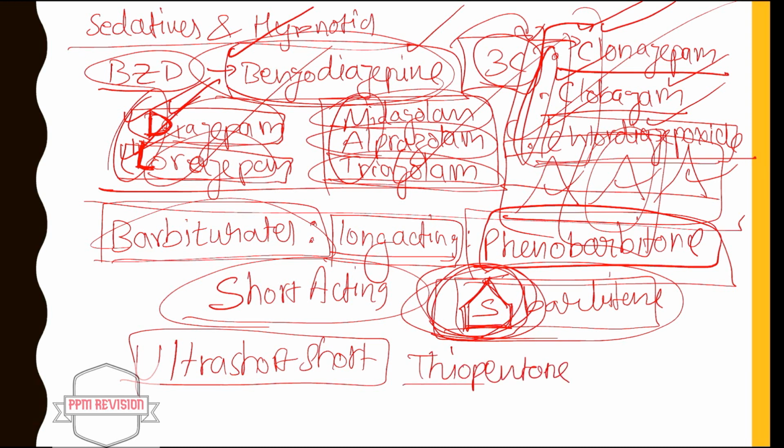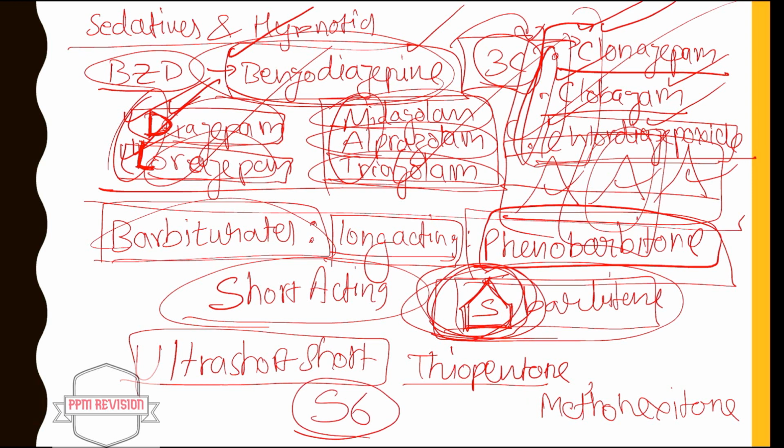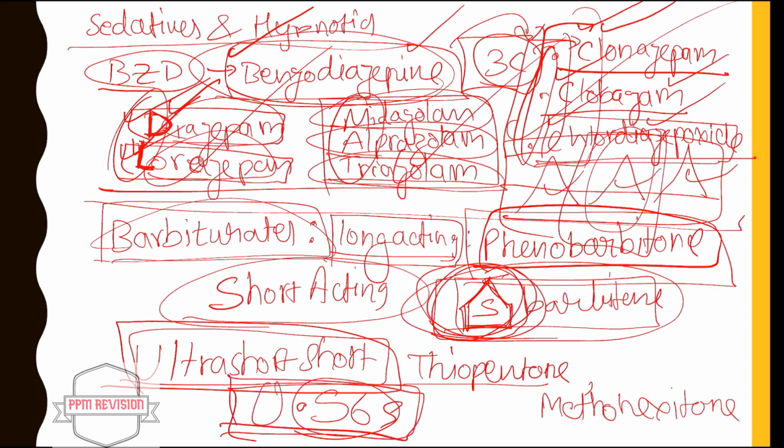Okay, and other drug that comes along is methohexital. So just remember the number 56. So someone tells you ultra short acting, just remember it as 0.5. This is how I remember. It might be different, but this is how I remember. 0.56 seconds.